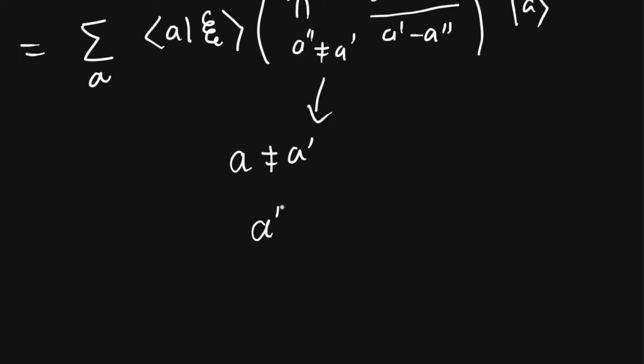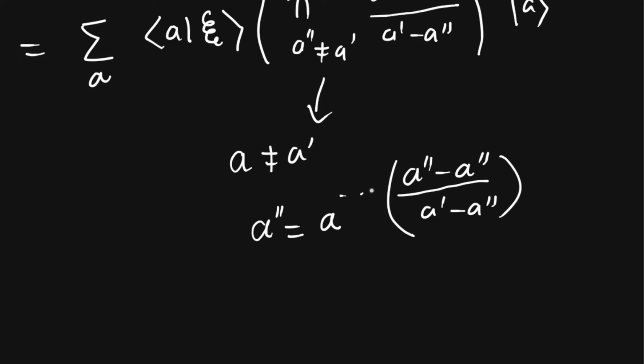When a'' becomes equal to a, that term in the product becomes (a - a'') divided by (a' - a''), which is 0. And since one term in the product becomes 0, the whole product becomes 0.